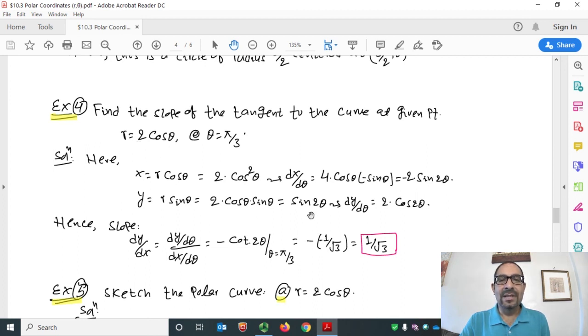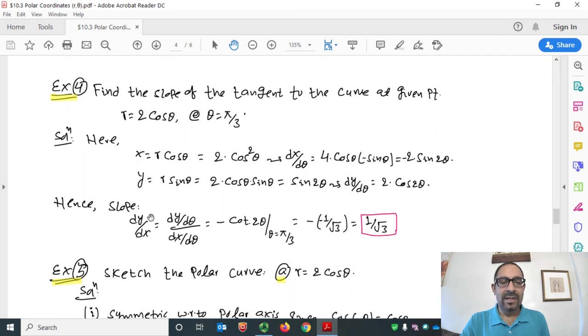So this is simply sine 2 theta. Then take the derivative. It turns out to be dy over d theta equals 2 cosine 2 theta. Awesome. So the slope dy over dx, by the formula, turns out to be 1 over radical 3. I hope this computation makes sense to you all.